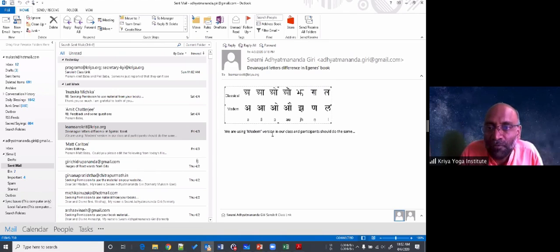We will also have all the class participants do the same thing, so you do not get confused. There are primarily differences in 3 letters: Akara, then Jha, Jhakara, and Akara. Lakara is not so much different, you can manage. But these 3 letters are different, so use the modern version. Egenes himself has given one place showing what those versions are.